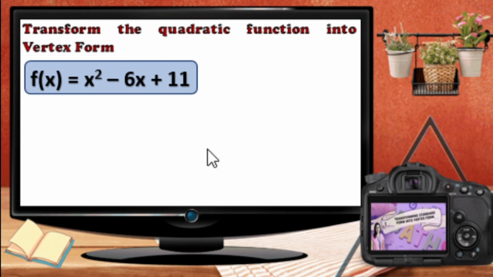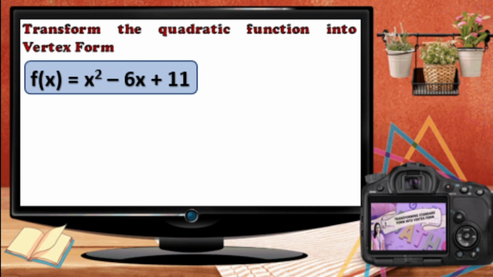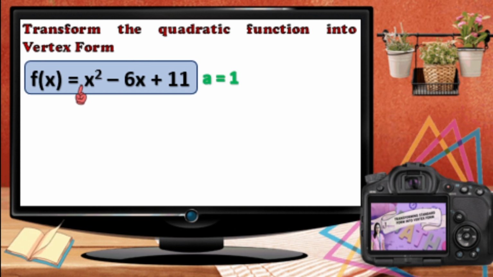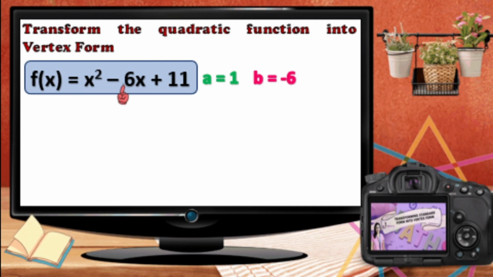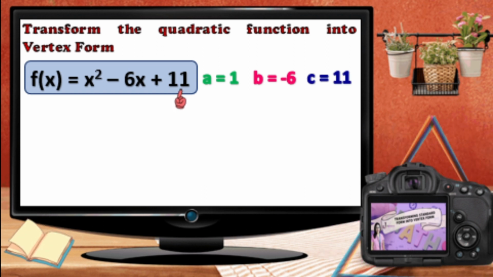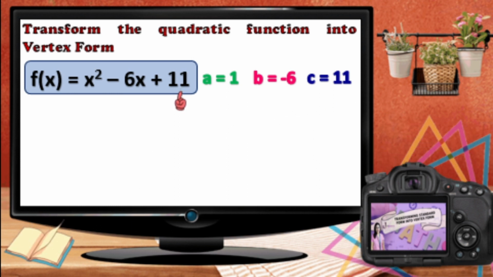We need to identify the value of a, b, and c. In this case, the value of a is an imaginary 1, the value of b is negative 6, and the value of c is 11. We need to substitute these values in our formula.